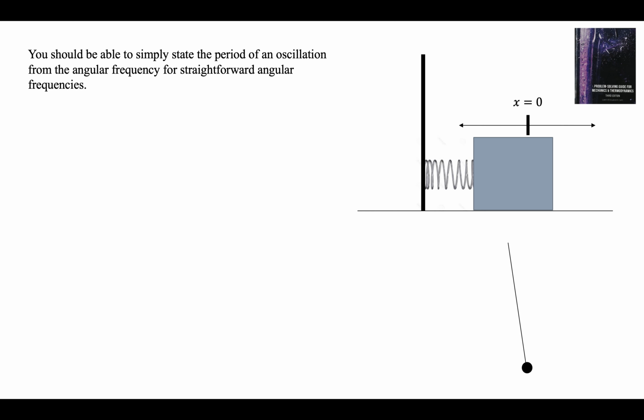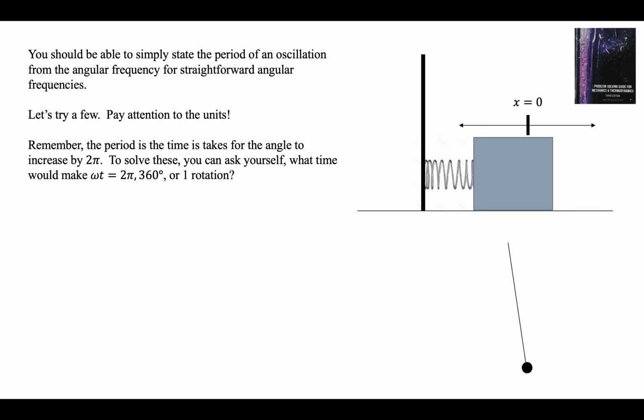So to test your understanding of angular frequency, let's try some problems. I'm going to give you the angular frequency, and you're going to have to tell me the period. No equations. Equations are for people who can't think. Just let me know what it is because you understand angular frequency.